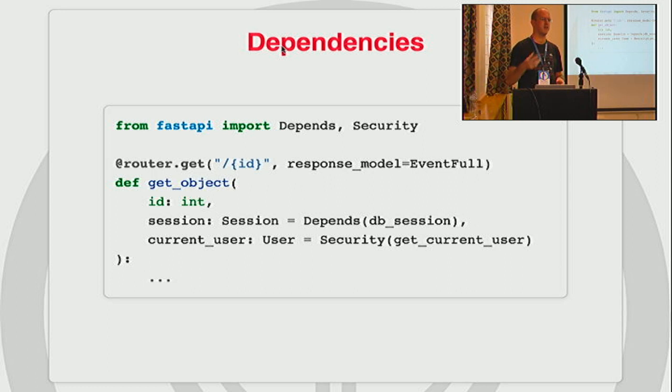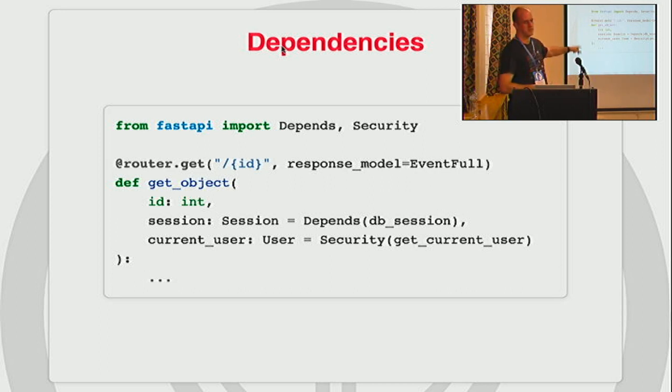The framework then knows to go and call my function and keep the result. Nowadays it also caches that result for the request, so if lots of functions depend on it, they all get fed that dependency when they ask for it. The same goes for get current user. I need a user because someone has to be logged in to see this request, so call this function and it gets a chance to do its work.